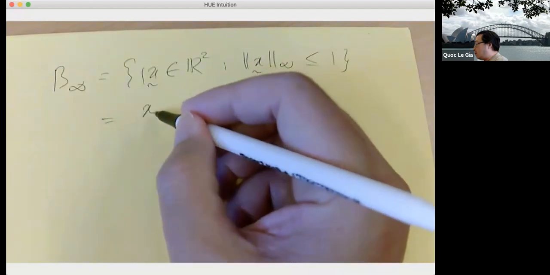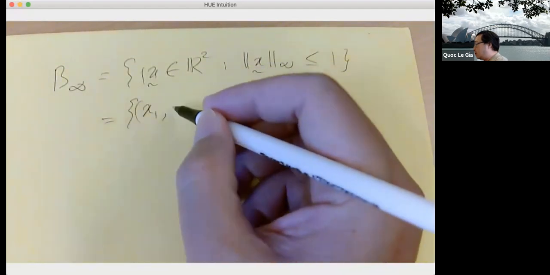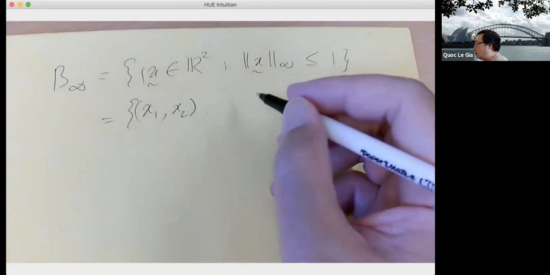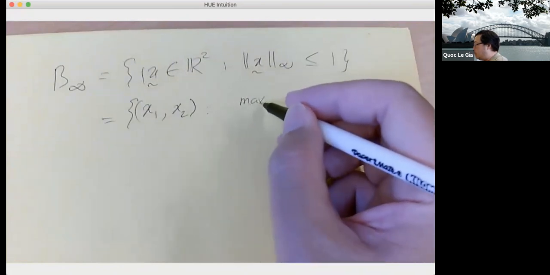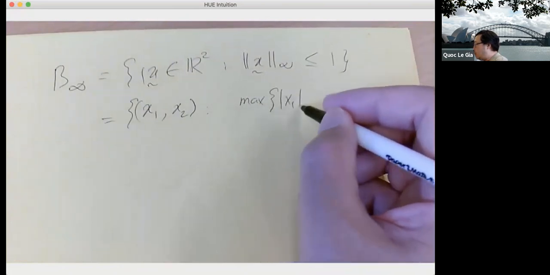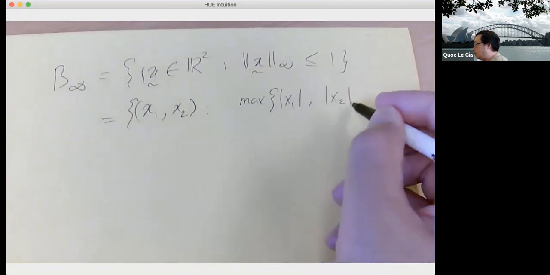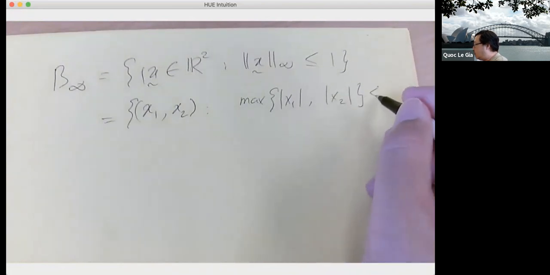So it is just x equals (x1, x2), and now the max of the absolute values of x1, x2 is less than or equal to 1.